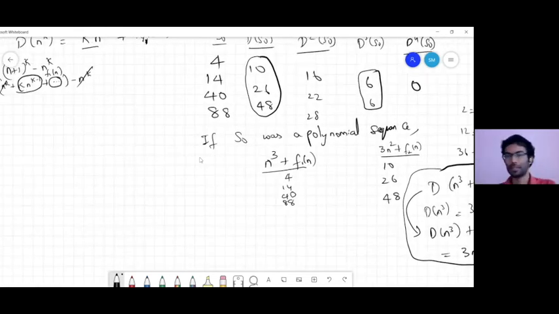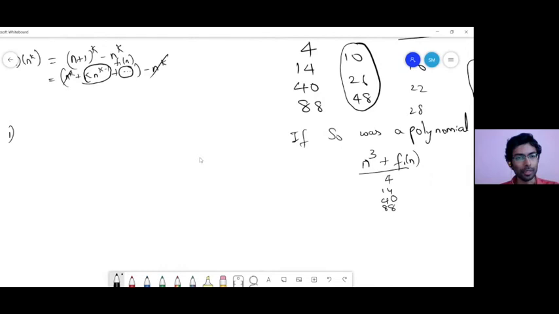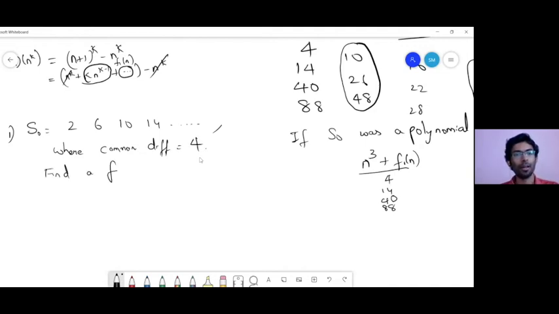One question is: there is an infinite sequence where the common difference is 4. Find a formula for the nth term. This is one question.